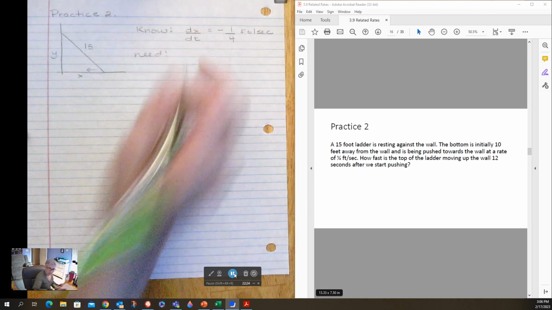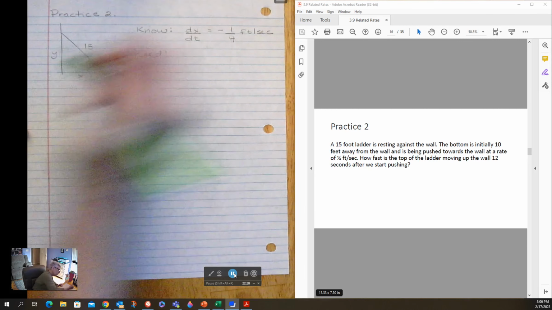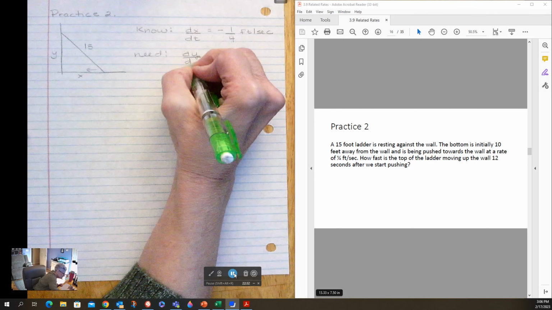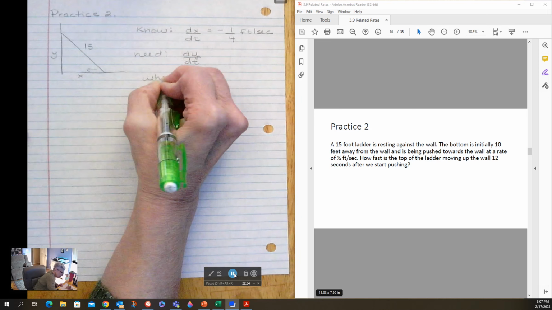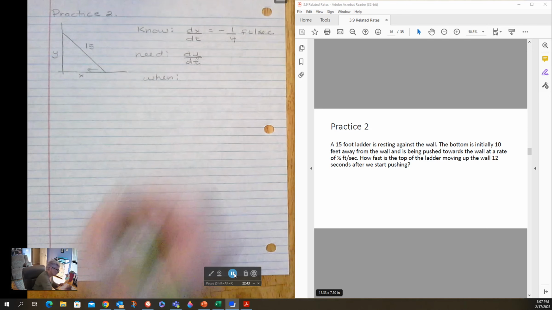I need how fast the top is moving up the wall, dy/dt. And this one's different because it doesn't give me a length for my y. It gives me t equals 12 seconds.